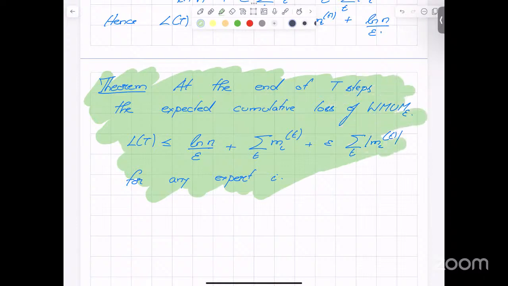So in particular, if it was our previous case in which MIs were just 0 or 1, this is just 1 plus epsilon times MIT, the loss of the ith expert. So you get all the way up to the loss of the ith expert.